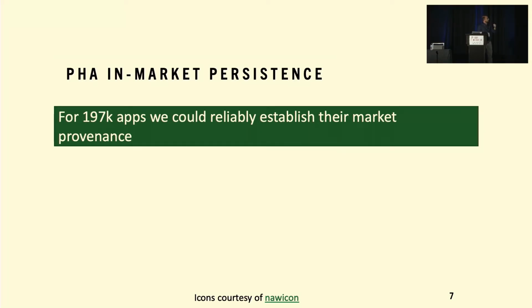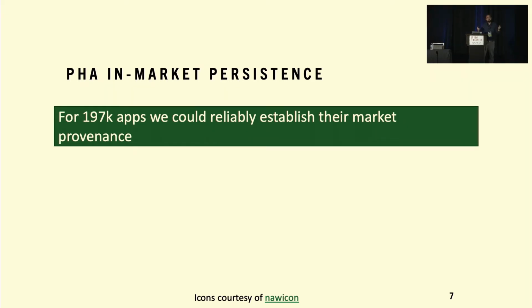When looking at in-market persistence, so when we see a detection, oftentimes it has metadata that tells us which app initiated that download. So we can see which apps were downloaded from Google Play, from Huawei market, or however many markets are out there.